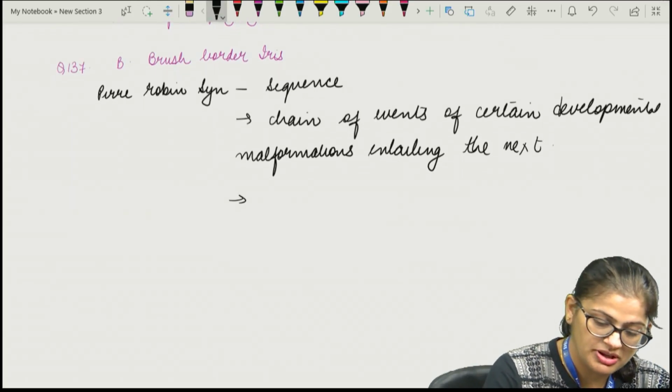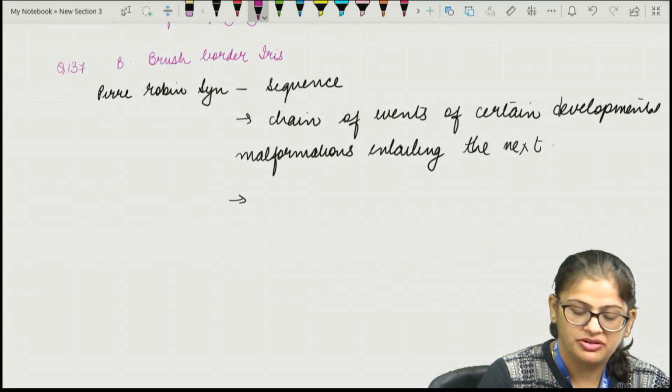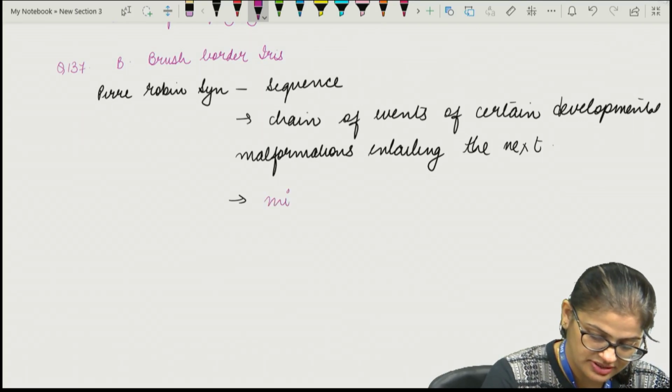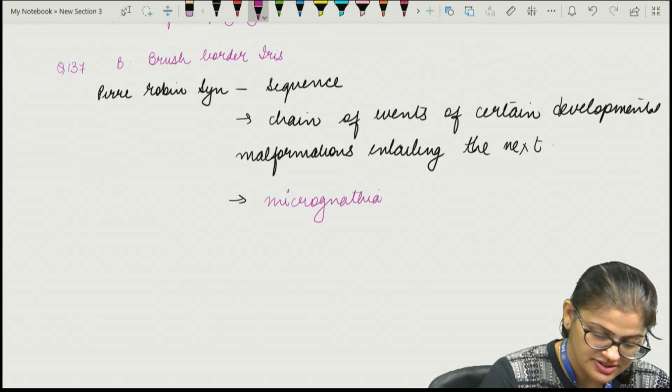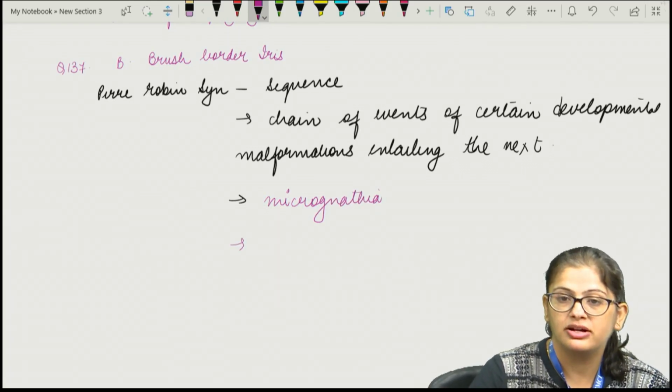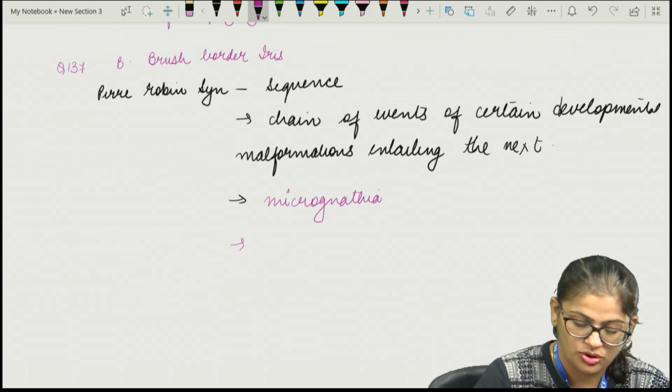So there are three main features of Pierre-Robin syndrome, and there is micrognathia. There is a large tongue which often falls back, which may cause respiratory distress or obstruction.